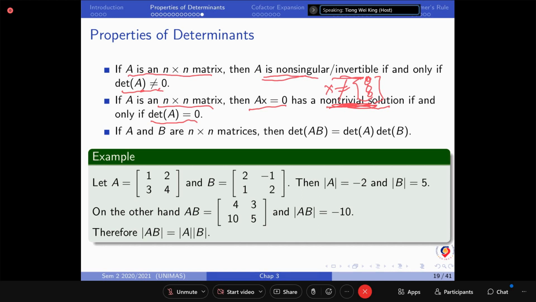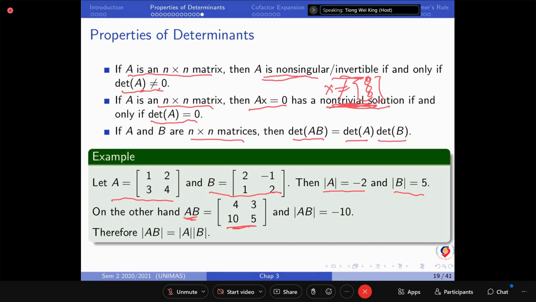Okay. The third one, if A and B are square matrices, then determinant AB equals to determinant A times determinant B. Okay, so this is one example here. Given matrix A, matrix B, you can calculate determinant A is equal to -2, determinant B is 5, and then if you find AB, you do the matrix multiplication, you will get this matrix.